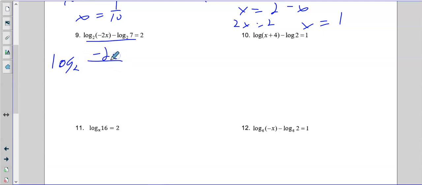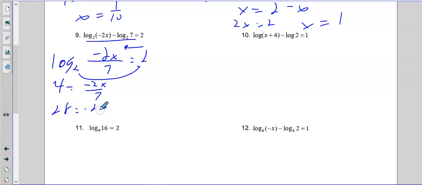Negative 2x on the top, 7 on the bottom, equals 2. Swish and flick. 2 squared, which is 4, equals negative 2x over 7. Multiply by 7, 28 equals negative 2x. Divide by negative 2, we get negative 14.